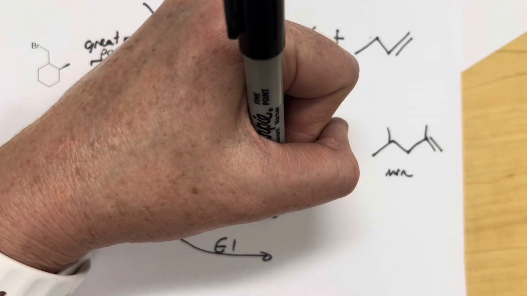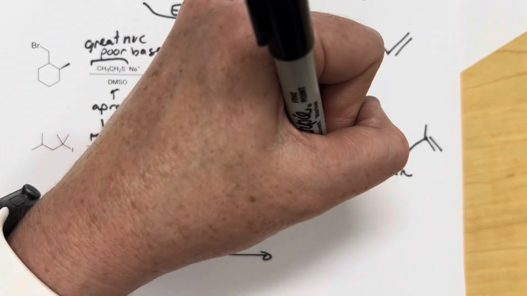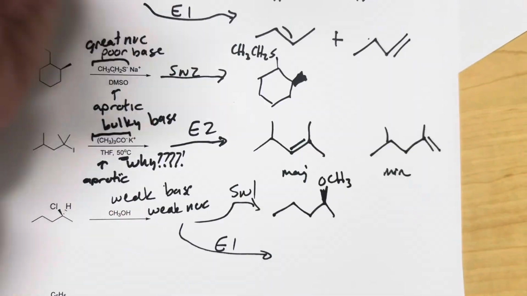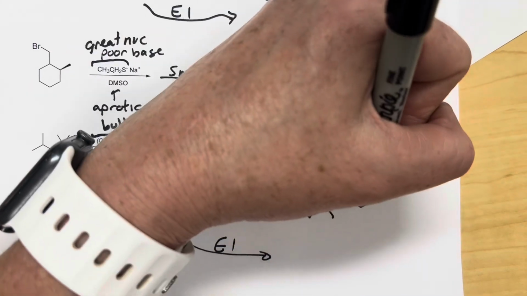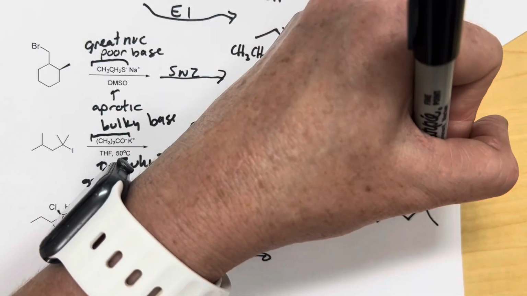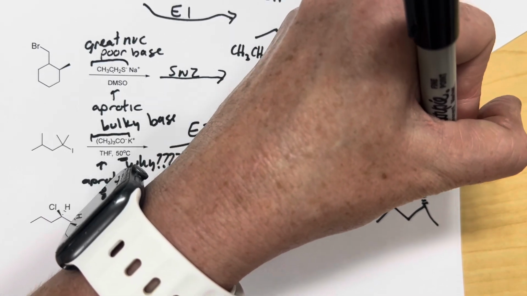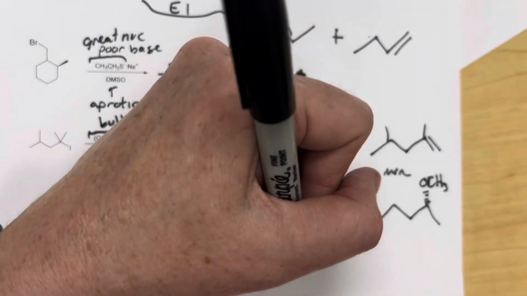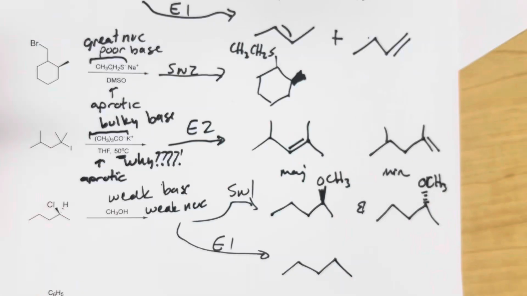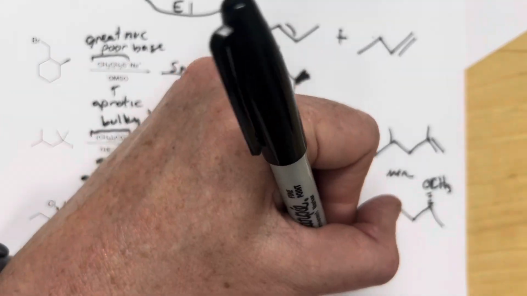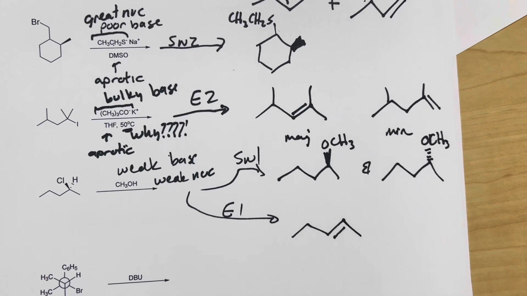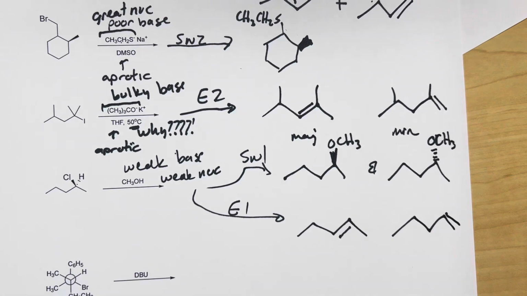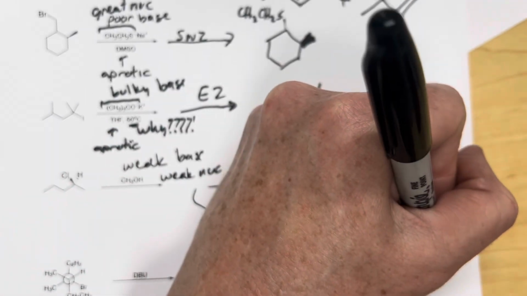Our SN1 will give us the racemic mixture, where we have OCH3 and that. And we'll also get the E1, where we have our most substituted one there, and our less substituted one there. So we got our major and our minor.